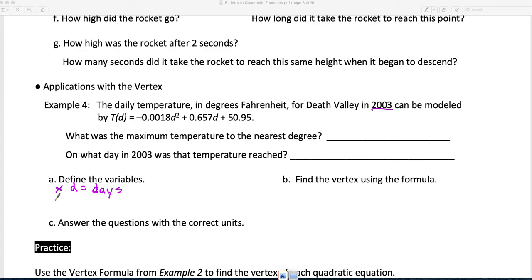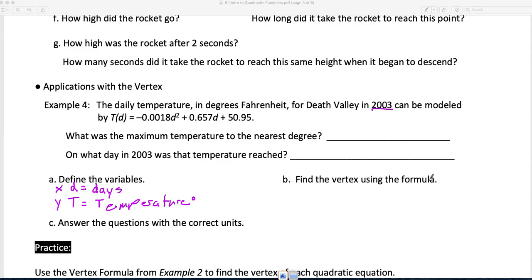Our dependent variable is going to be that uppercase T, and that is temperature. And that temperature is in degrees Fahrenheit, but we aren't going to worry about that right now, other than put a degree symbol there so we're remembering the units.